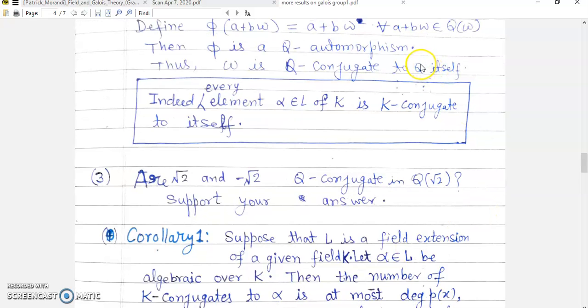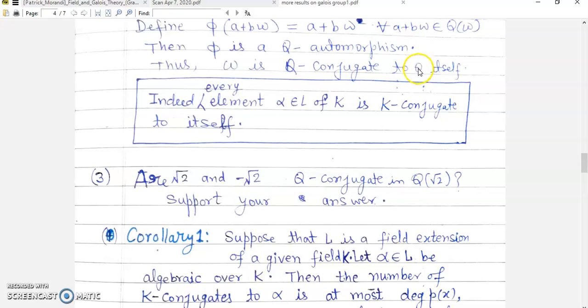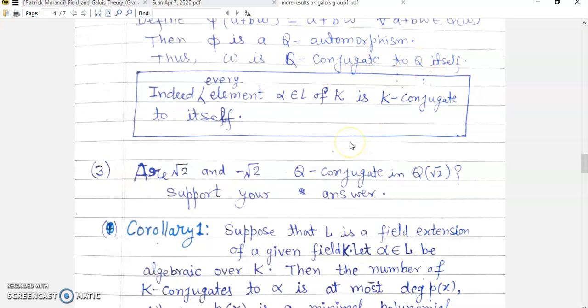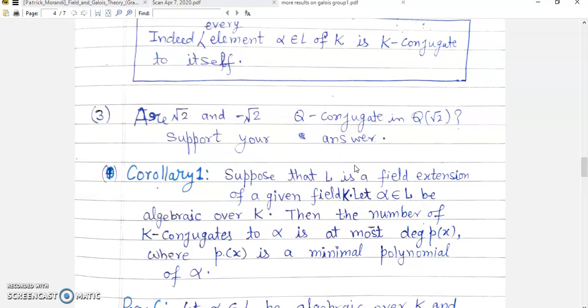Here, instead of q, there is a slip of mistake. This will be omega. Omega is conjugate to omega itself. Here are some questions. Try to prove this.